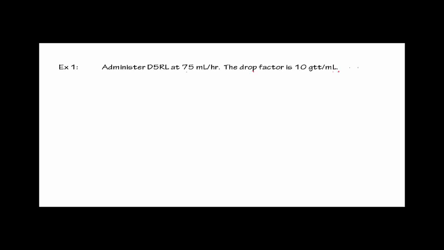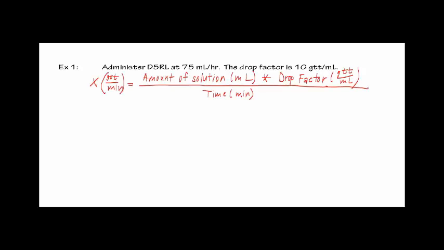Example 1: administer D5RL at 75 milliliters per hour. The drop factor is 10 drops per milliliter. So we're going to start by substituting all of the known values into the equation and solving mathematically.